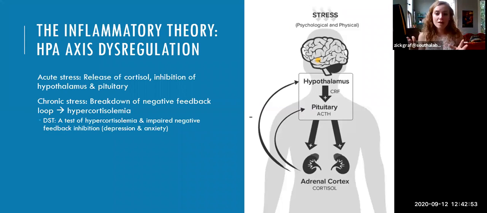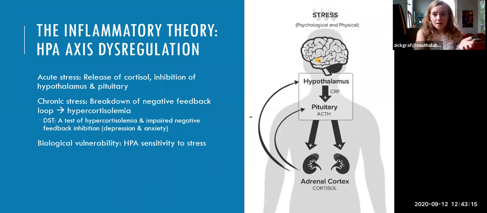For someone who has a broken negative feedback system in their HPA axis, where cortisol binding to those structures doesn't inhibit cortisol production, the dexamethasone suppression test is failed. So dexamethasone doesn't suppress production of cortisol because the receptors for cortisol on the hypothalamus and pituitary aren't working the way that they should.